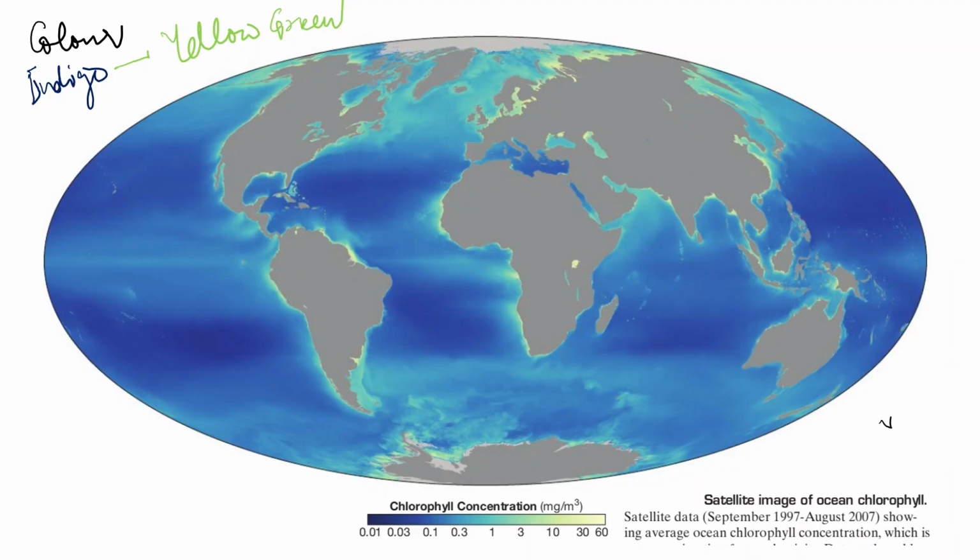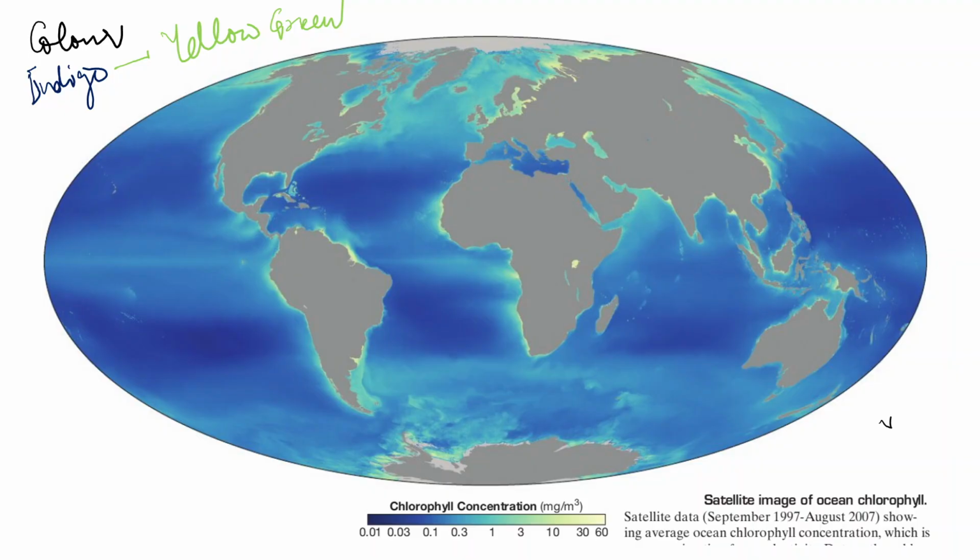The color of the ocean is influenced by two factors. First, what is the amount of turbidity observed in the water? Turbidity means the suspended particles present in the ocean. And second, what is the amount of photosynthetic pigment, that is chlorophyll, present in the oceans?